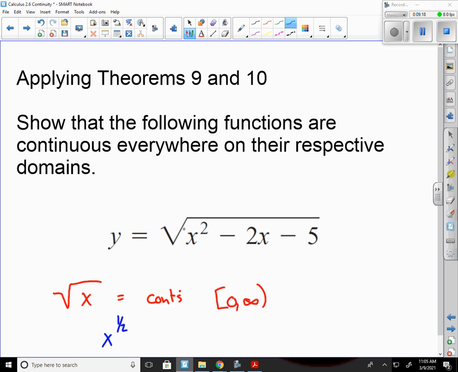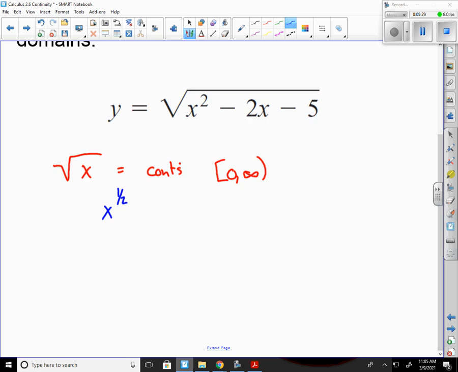Then our given function, which is the square root of all of this, is the composite of the polynomial f of x equals x squared minus 2x minus 5, and g of x being the square root of x.